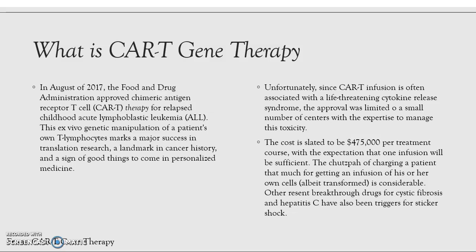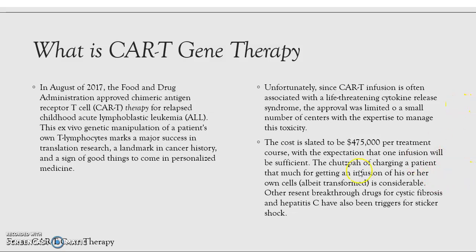It's very expensive. CAR-T stands for chimeric antigen receptor T cell, and the therapy is for relapsed childhood acute lymphoblastic leukemia. Like I said earlier, you can do gene therapy with cancer, and also with other infectious diseases or just diseases.